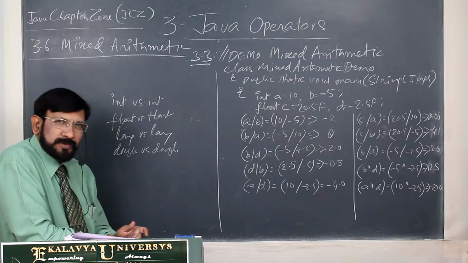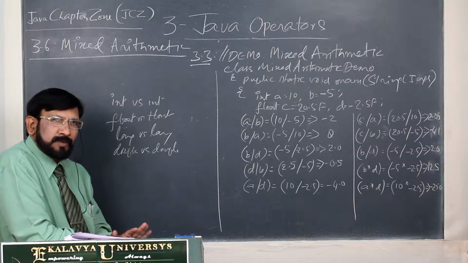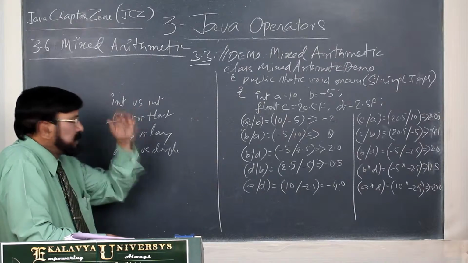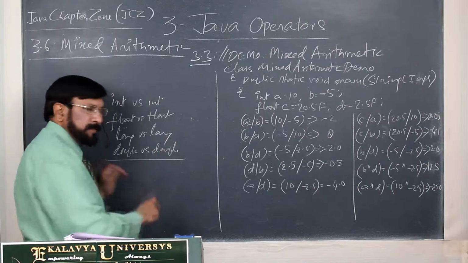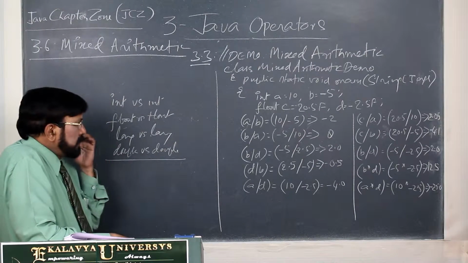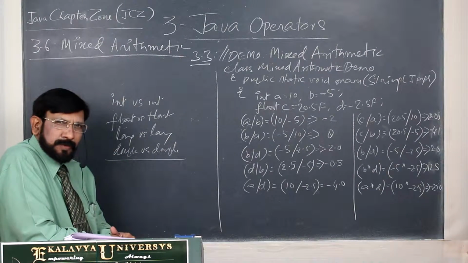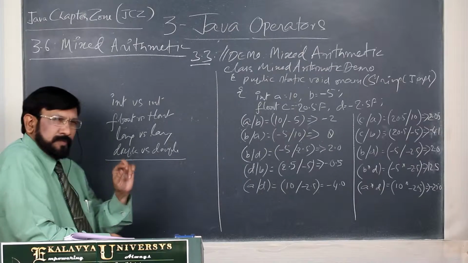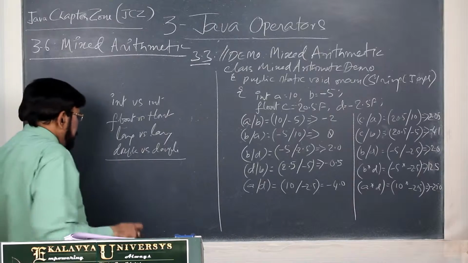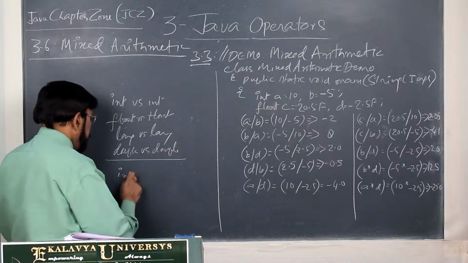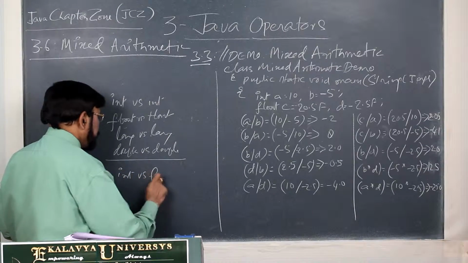They do not know originally, compilers do not know how to act upon different data types. So how are we getting a result? If a compiler does not know, how are we getting a result? That may be your doubt. Now one simple technique is developed. What is the technique? Suppose int versus float.